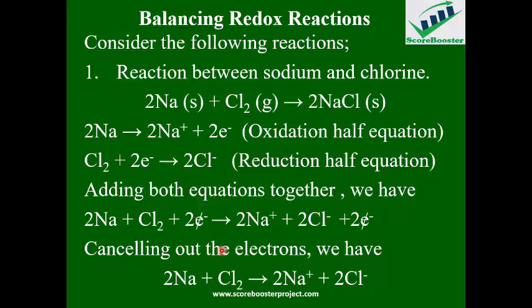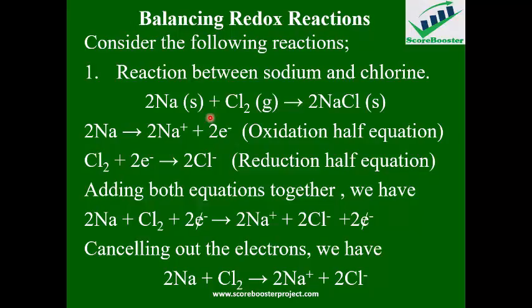So let us now look at this. If sodium wants to react with chlorine, since we know that sodium is a metal, it easily loses electron. So it loses electron now to become sodium ion. In this case, for chlorine to be able to react, chlorine has to gain an electron.